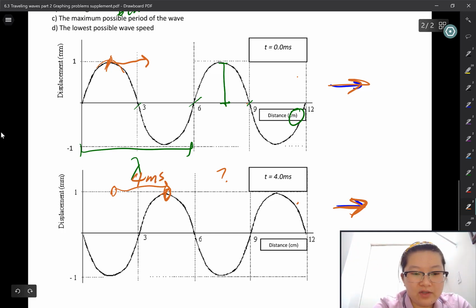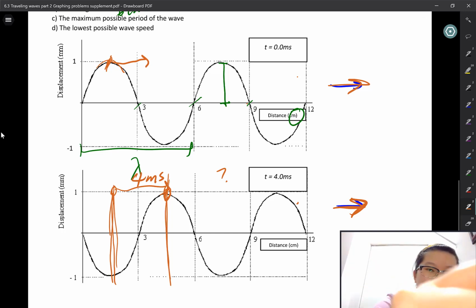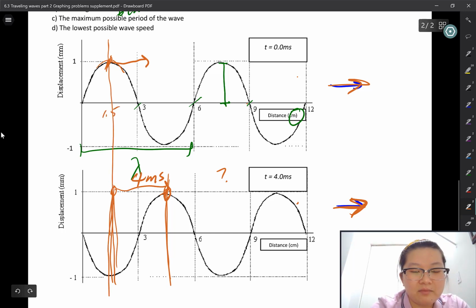And then next, we want to take a look at the span of the wave that has gone by. Comparing where the wave was before, the wave was roughly at the 0.5 centimeter mark and has only traveled over here, which is about 4.5 centimeters.